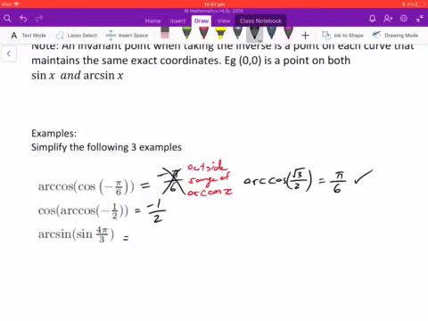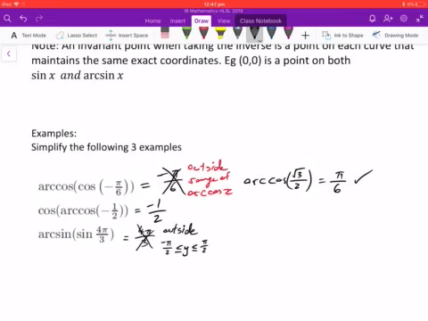And then this one here, arcsin of sine 4 pi on 3. The temptation is just to say they cancel each other out. It doesn't always work, though. You can't do that. It is outside minus pi on 2 to pi on 2. It doesn't work. We can't have that.